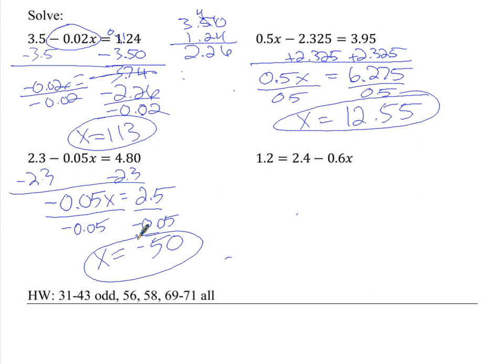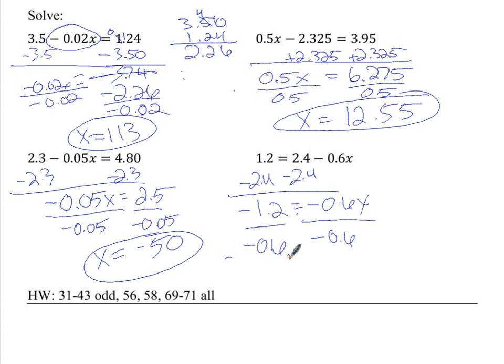And one more, quickly. What do we do? Subtract 2.4 from both sides. When I do that, 1.2 minus 2.4 would be negative 1.2 equals negative 0.6x. Divide by negative 0.6.